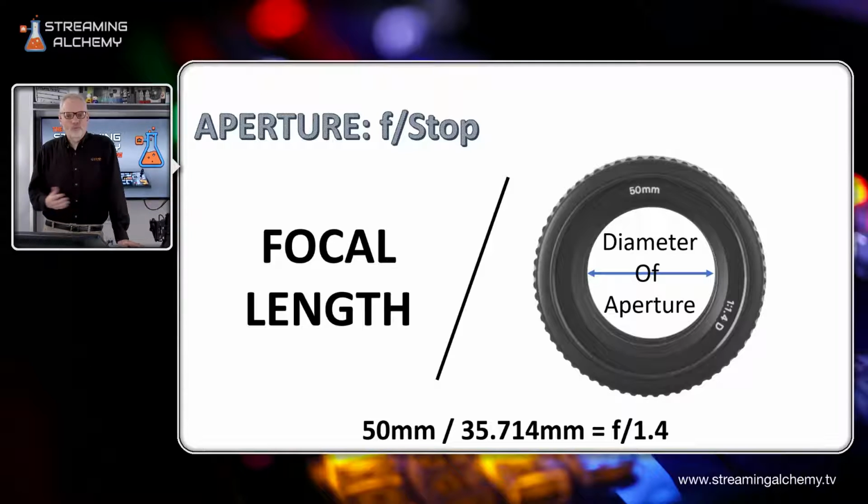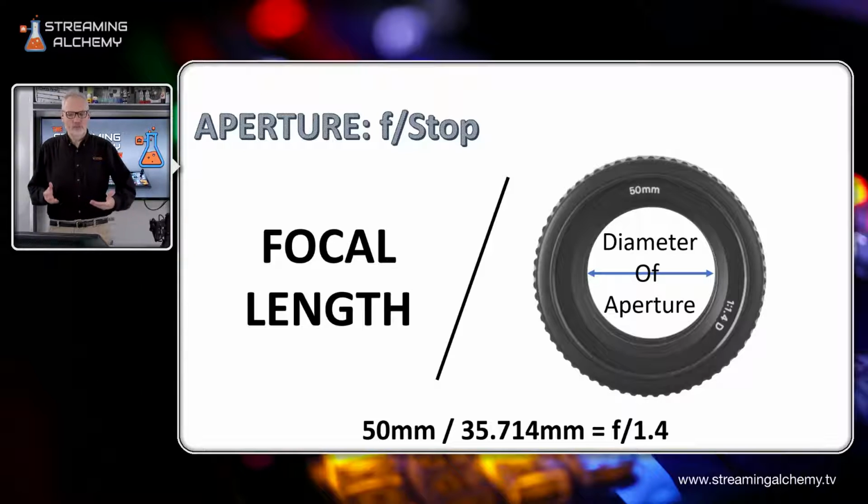Now, if I were to double the focal length, if I wanted to zoom in on something, what you're going to find now is that unless I can start to make this diameter even wider, I'm going to end up lowering my f-stop.